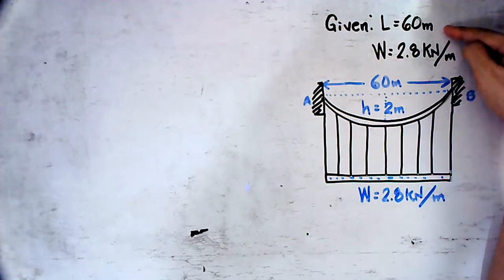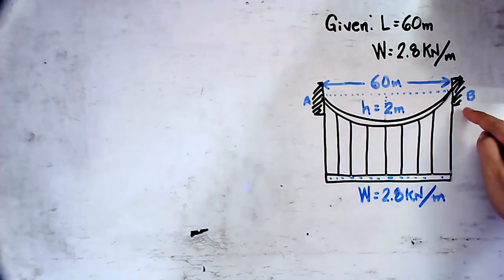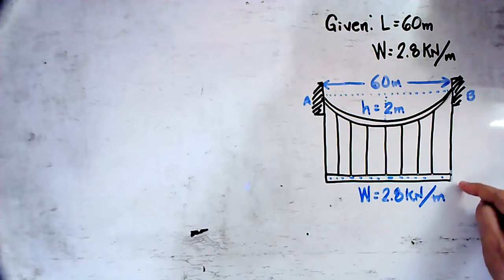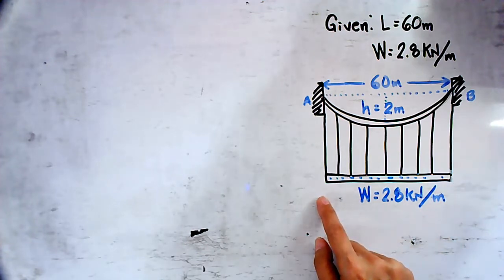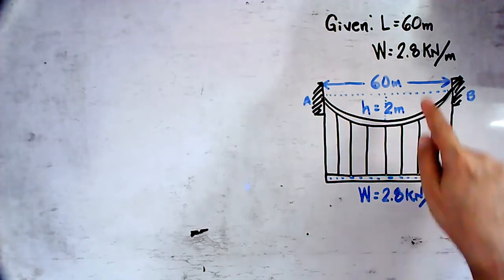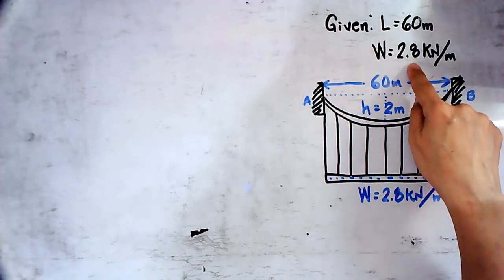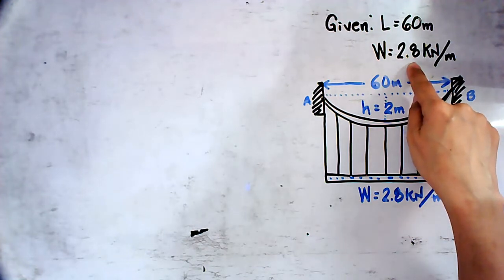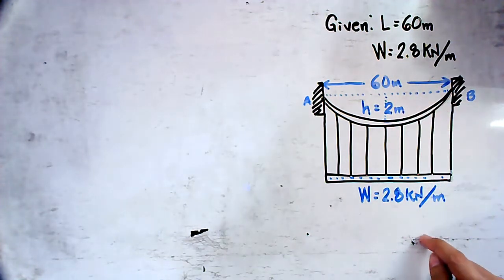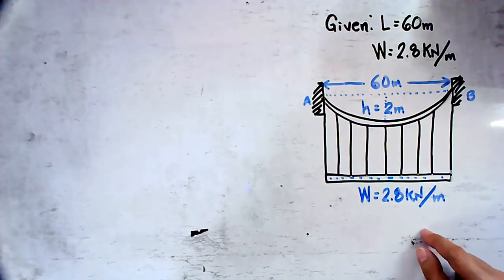That is the length of the parabolic curve from point A to point B. And the parabolic curve supports a water supply line, and the load given in the problem is 2.8 kilonewton per meter. By the way, this is the figure which was given already in the problem.